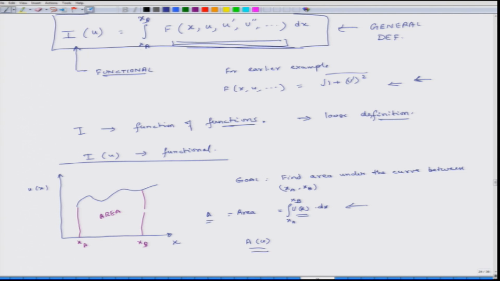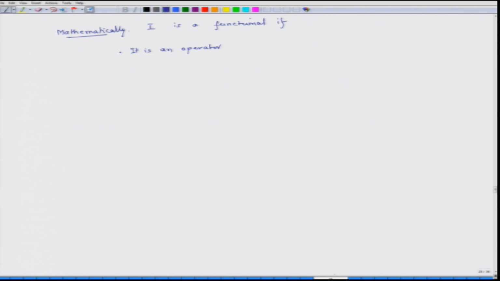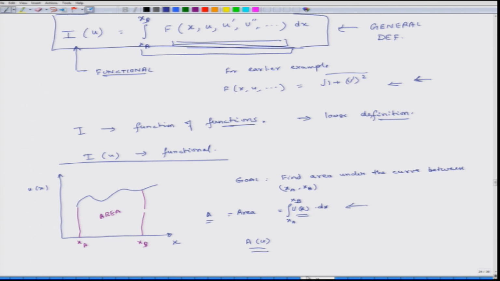This whole thing, this is the entire operation we are going to conduct, right. So, that is why it is an operator, we are conducting an operation. So, it is an operator which maps u into a scalar, that is I(u). Okay. So, I(u) will be a number, so it will be a scalar. So, it maps u, which could be in vector space, into a scalar quantity.